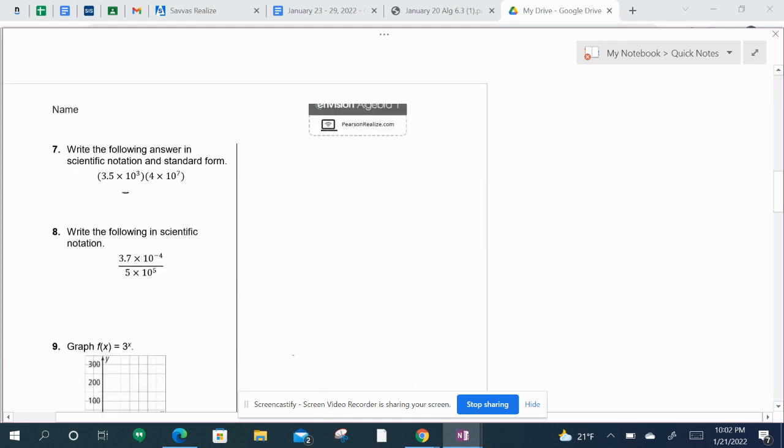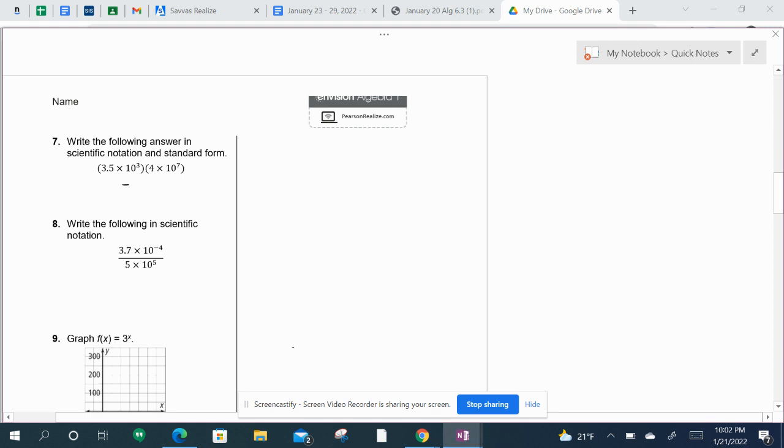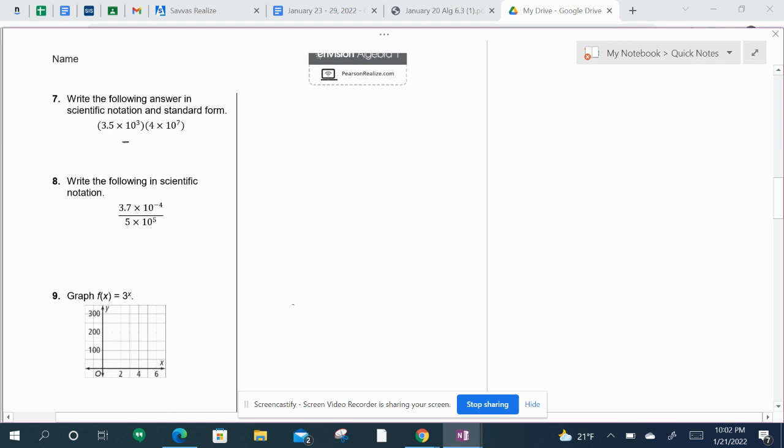All right, moving on to page 2, it asks us to write our answer in both scientific notation and standard form. For scientific notation, the first thing I'm going to do, as a shortcut, is multiply 3.5 times 4, and I get an answer of 14. Because I have the same base, I can take times 10 and add exponents and get to the 10th power.